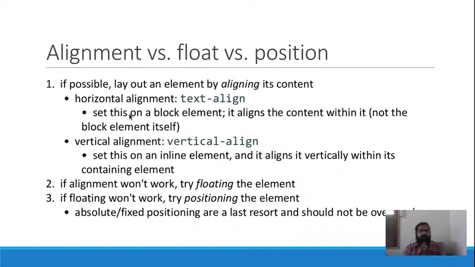The horizontal alignment is set on a block element. It aligns the content within it, not the block element itself. So the content in that particular block element will be aligned properly. And the vertical alignment is set on an inline element, and it aligns it vertically within the containing element. You should understand that these are all with respect to a particular reference.